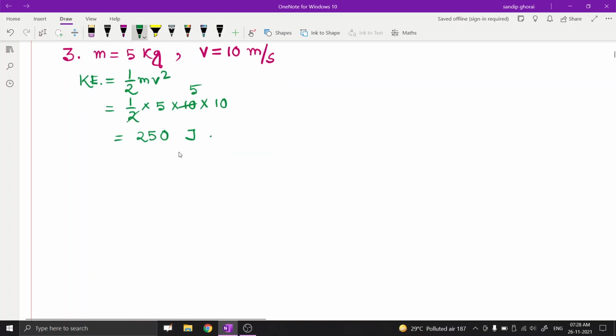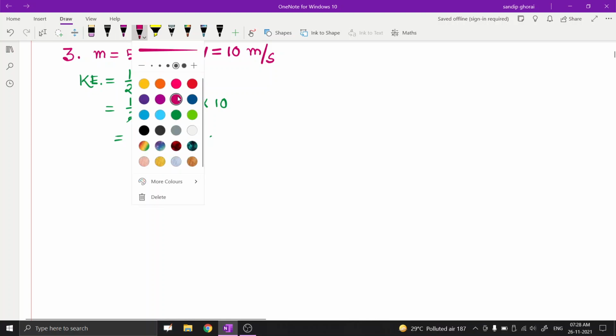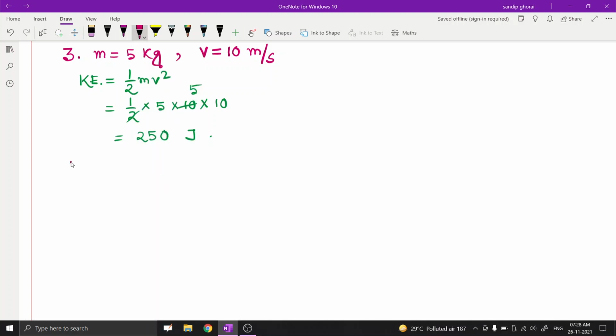Now we move to our next question. The next question is, suppose a body has initial kinetic energy KEI of 20 joule, and after a certain time the kinetic energy changed and we get final kinetic energy, suppose 40 joule.